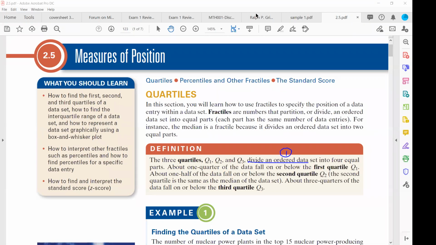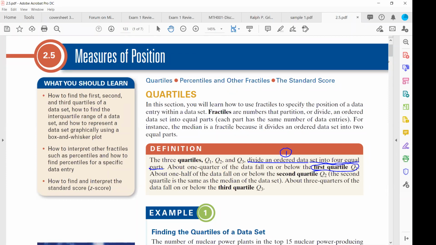Then it sets your data into 4 equal parts. About 1/4 of the data fall on or below the first quartile. We denote the first quartile by Q sub 1.